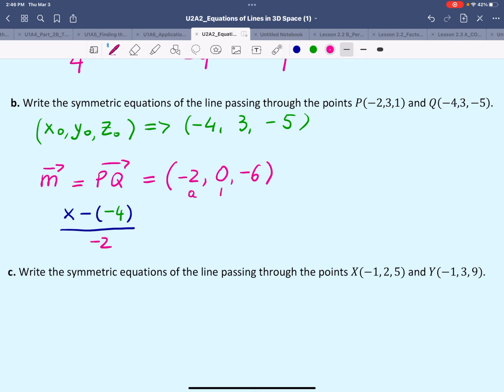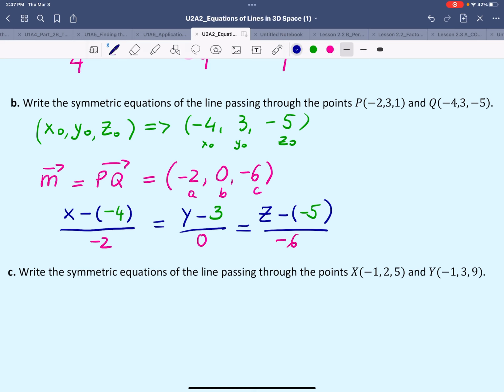Remember, this is a, this is b, this is c. And then we have y minus 3 over 0. And z minus -5, and then divided by -6.